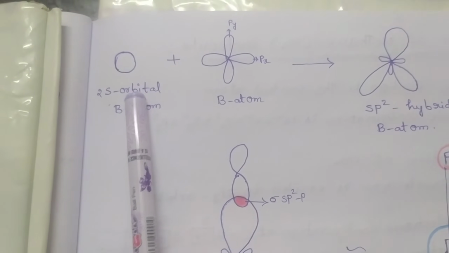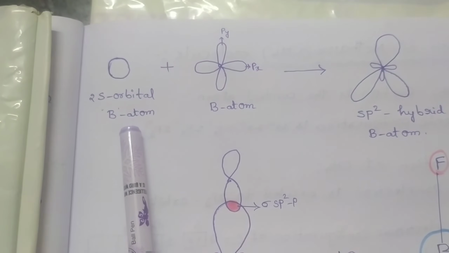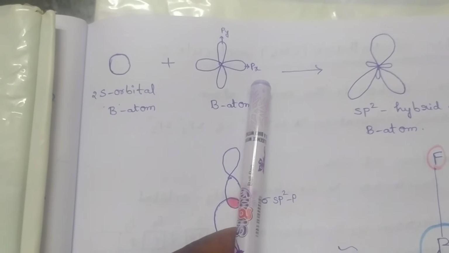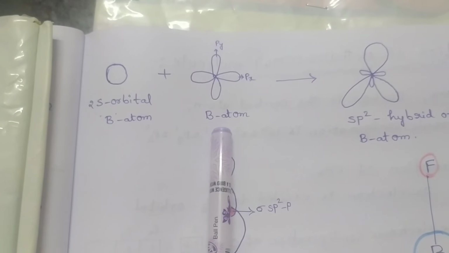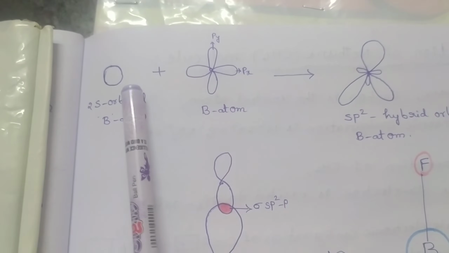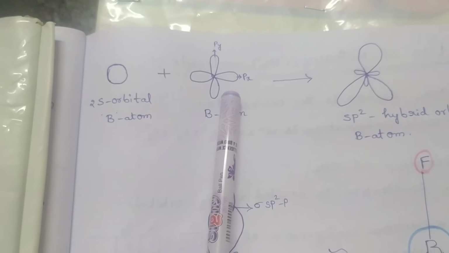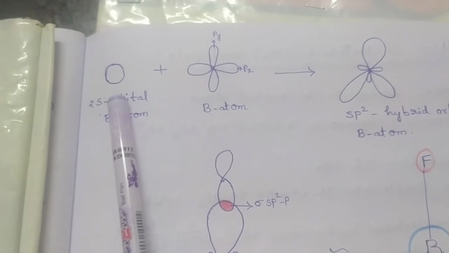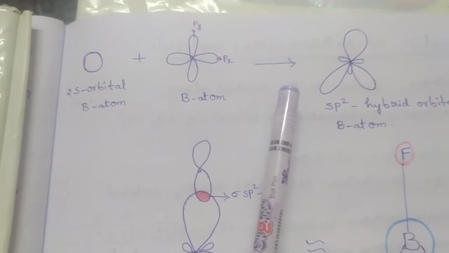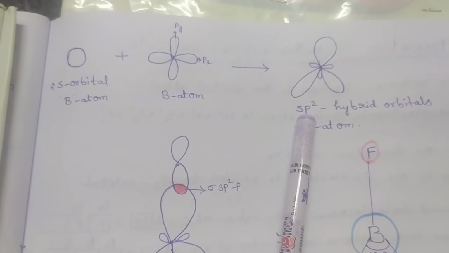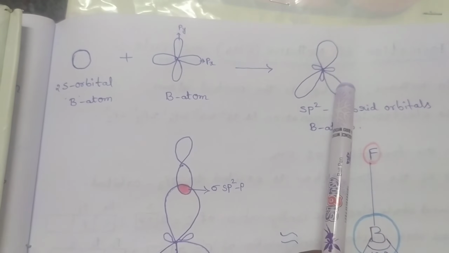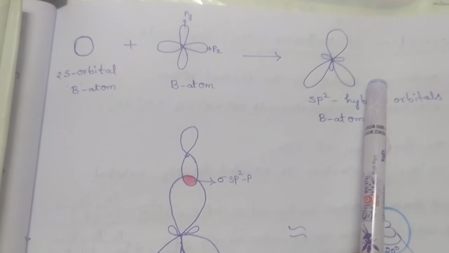Look at here. This is the 2s orbital of boron and two half-filled px and py orbitals of boron. These 2s orbital and 2px and 2py orbitals of the boron atom are combined together to form a set of three new sp2 hybrid orbitals. This is the sp2 hybrid orbital.